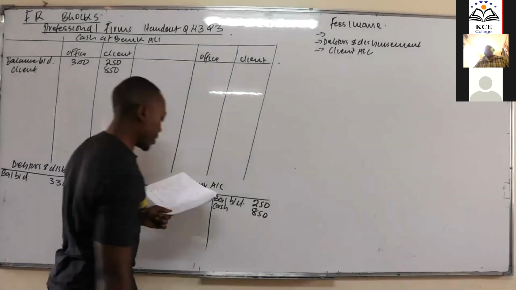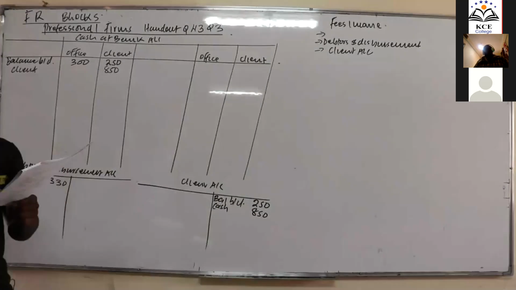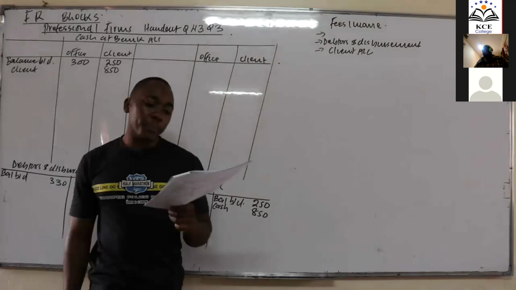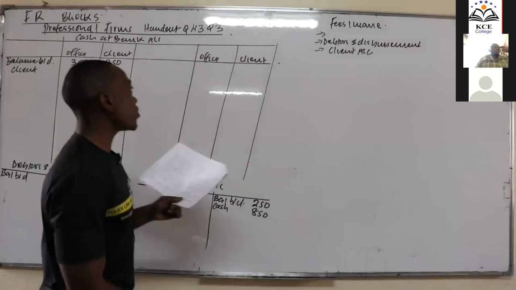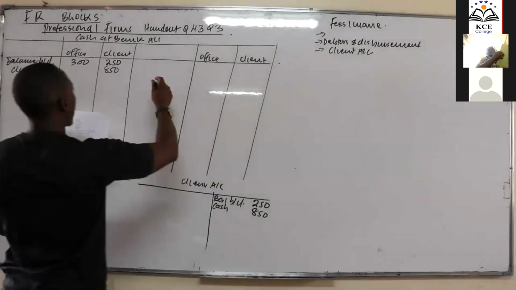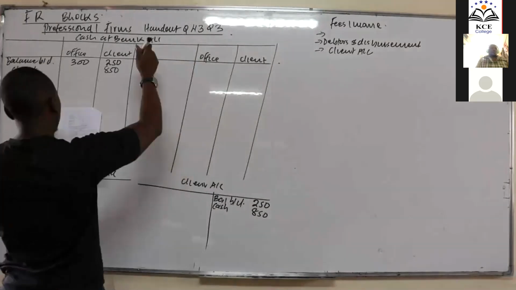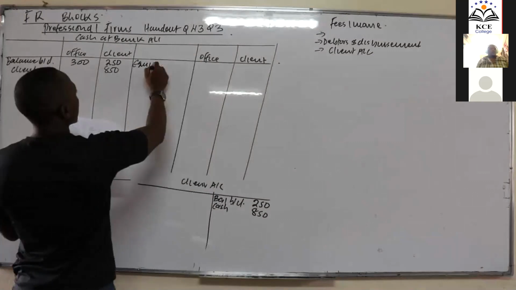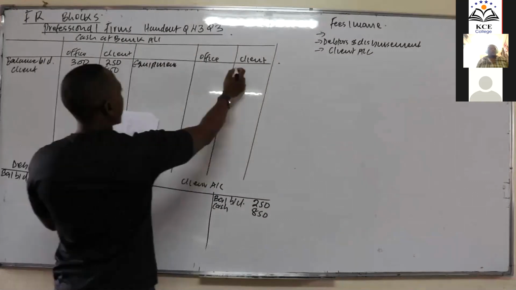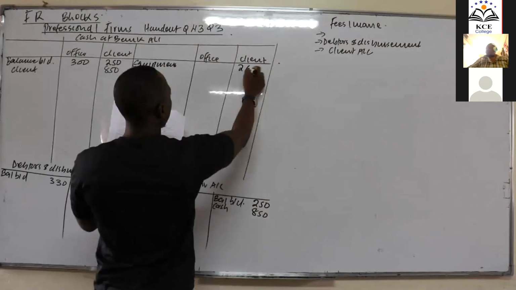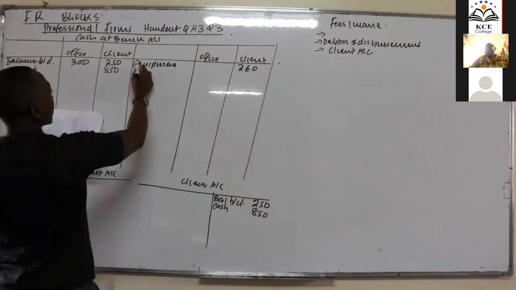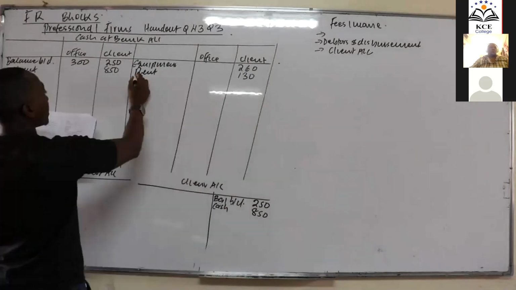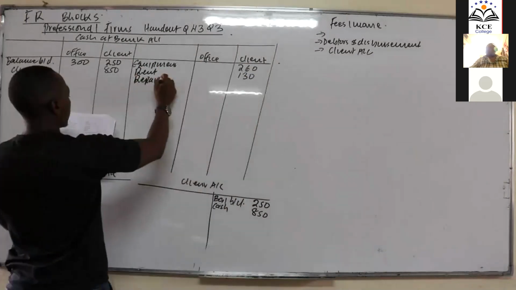Number 2, spent the following amounts on behalf of the client, which were all paid in cash. That's an actual cash outflow, a payment that reduces our cash. They purchased equipment on behalf of the client, from the client column, an amount of 260. Then payment of rent, an amount of 130. Also repair cost, an amount of 80.